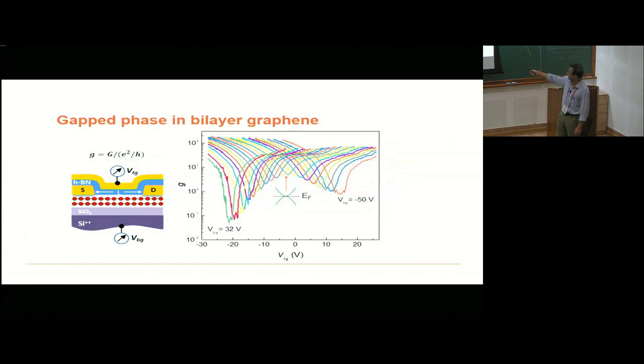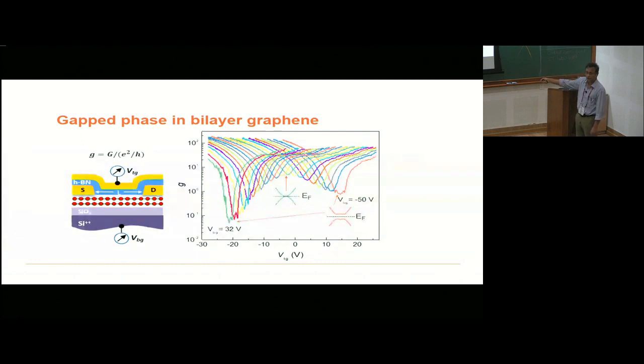However, if you come here or here, this is where there is a band gap because of the electric field generated between the top gate and the bottom gate. Here you can see the bottom gate is at minus 50 volts and the charge neutrality is attained at plus 15 volts. That depends upon the capacitive ratio between the top and the bottom gates. As a result, there is a huge electric field across the graphene, which results in much smaller conductance.